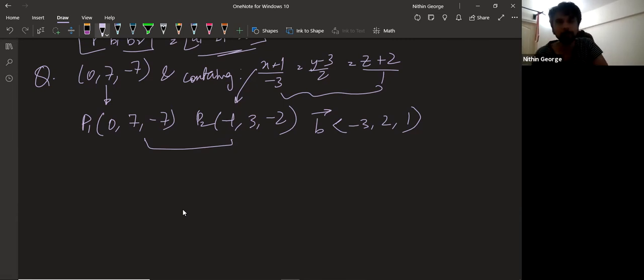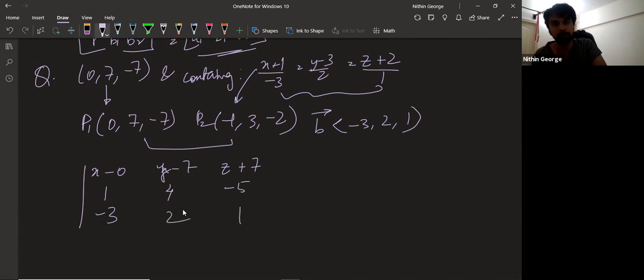So to find the equation, what do you do? Use 1 point, x minus 0, y minus 7, z plus 7. And then 0 minus minus 1 is 1, 7 minus 3 is 4, minus 7 minus 2 is minus 5, minus 7 minus minus 2. And then you have minus 3, 2, 1, 0, and that's it. This is your plane.